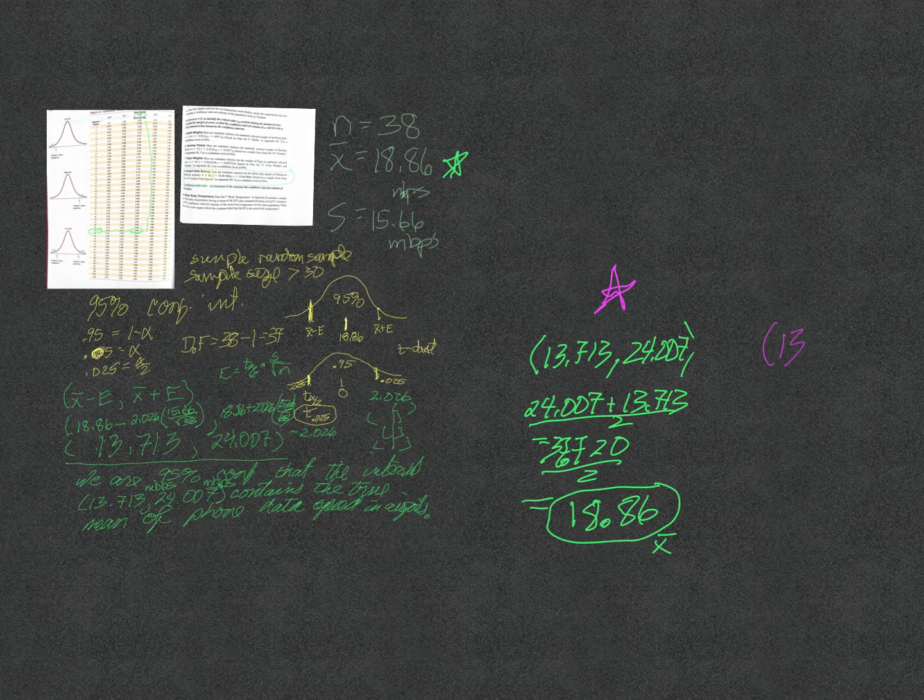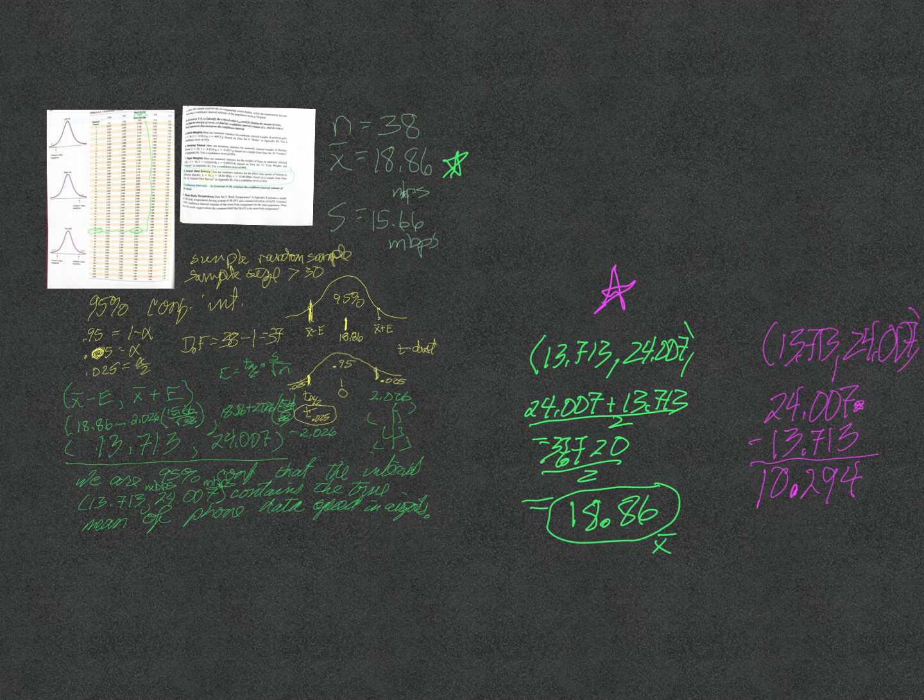Again, if all we know is the interval, we could actually find the error as well. So you take, in this case, instead of adding them together, you subtract them, and you can do this on a calculator, of course. And when you subtract them, you would get then the value of the error.